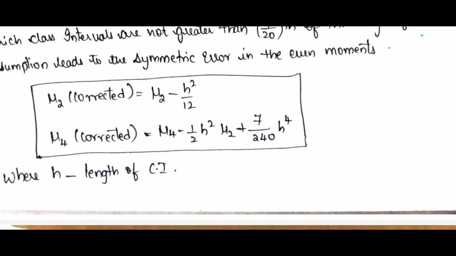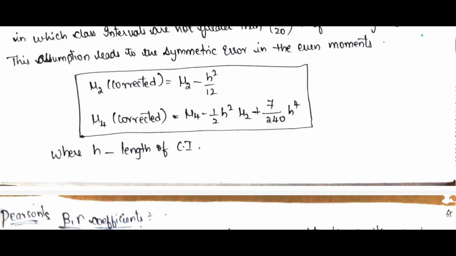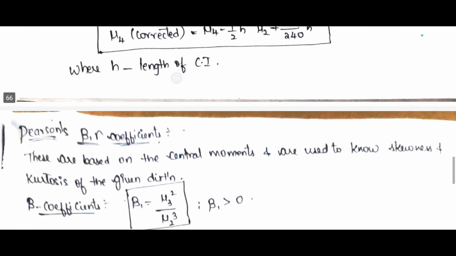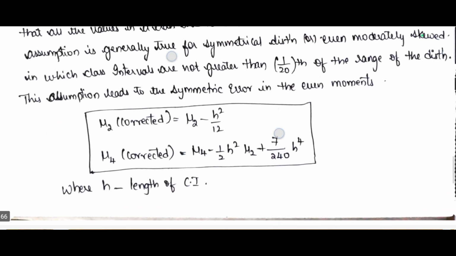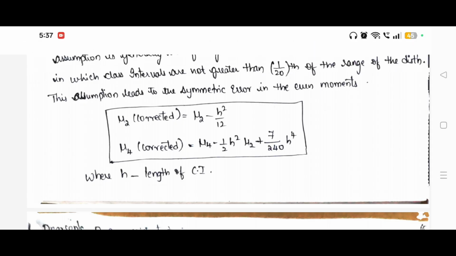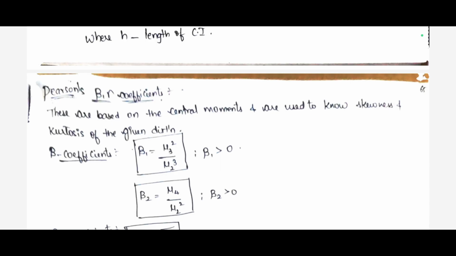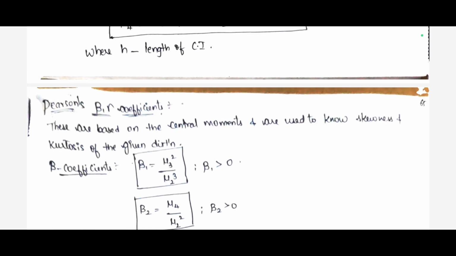Mu4 corrected is equal to mu4 uncorrected minus h square divided by 2 into mu2 plus 7 divided by 240 h to the power of 4, where h is the length of the class interval. By calculating them, we will get the exact correct values of the given moments.